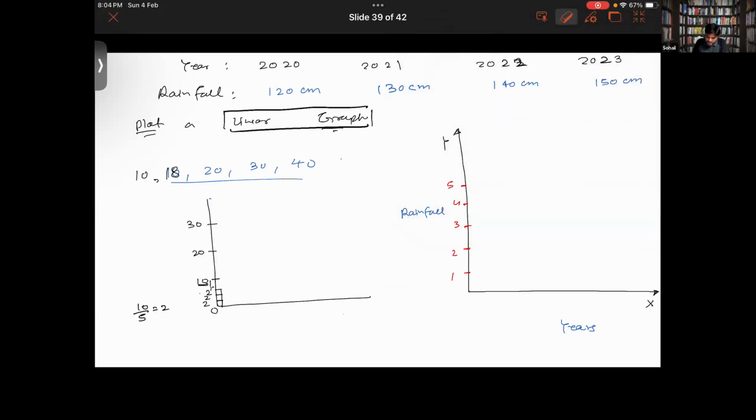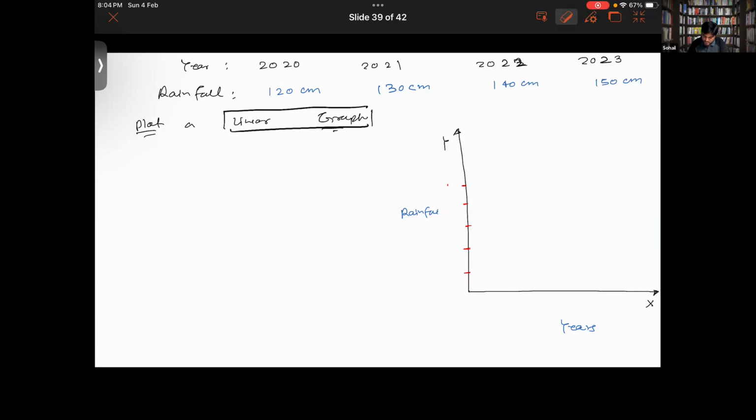Just let me clear this one. So the values are as follows: 120, 130, 140, and 150. Let me erase this one also. How about we start taking values from 120? Let's start from 20.